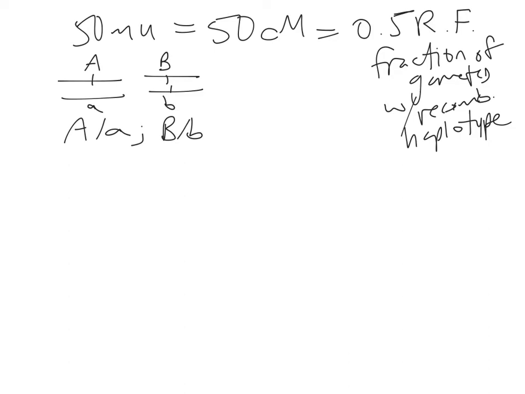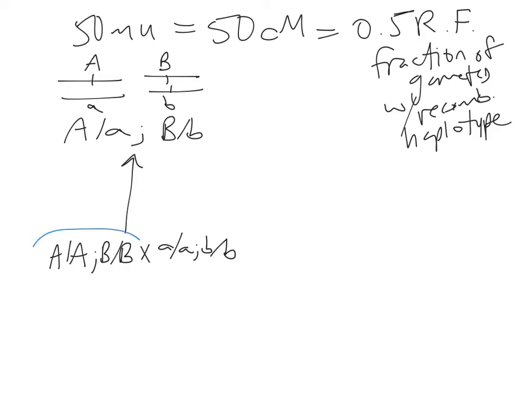Now, let's say that this individual was produced by a cross that was originally this. So what are the parental haplotypes? From that parent and that parent. So they're gametes.